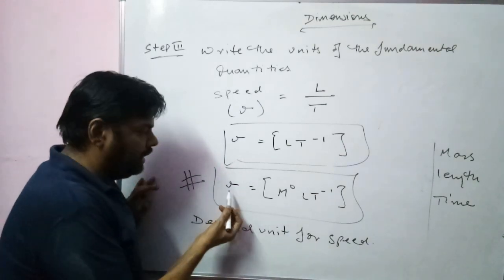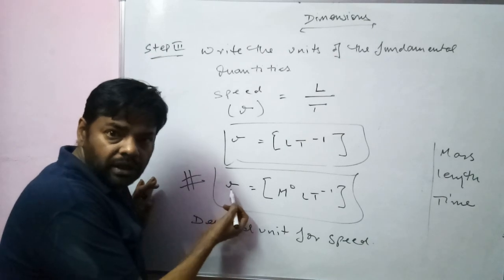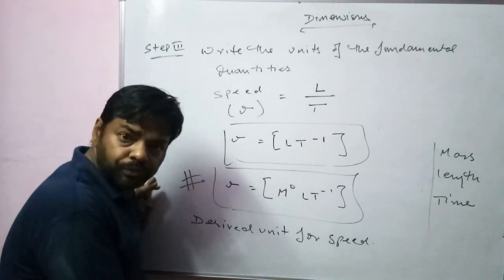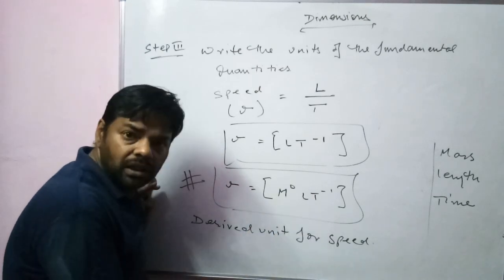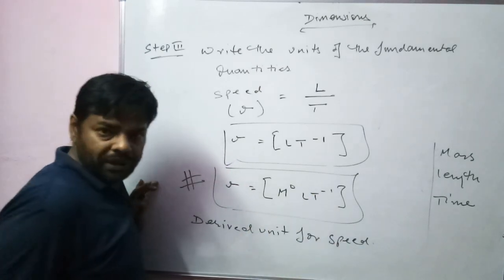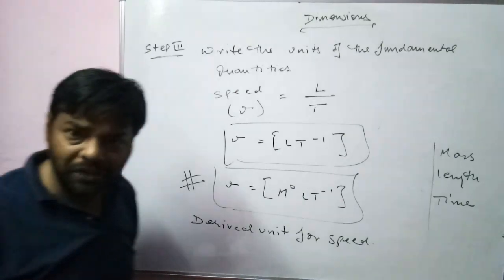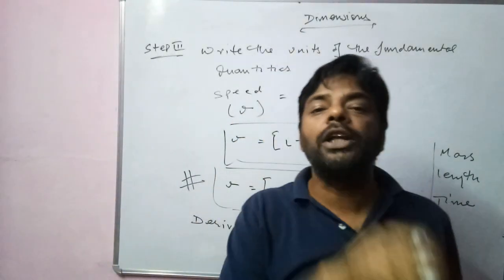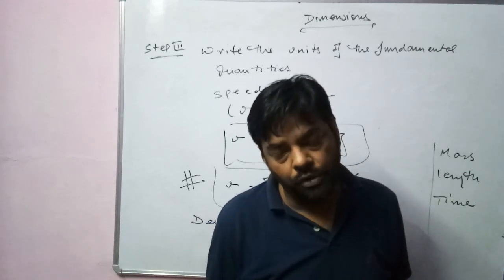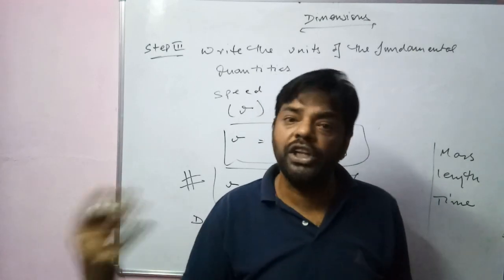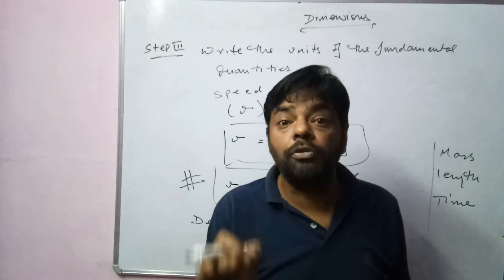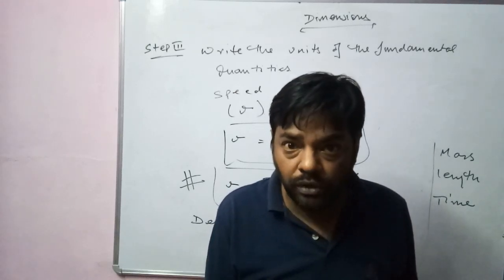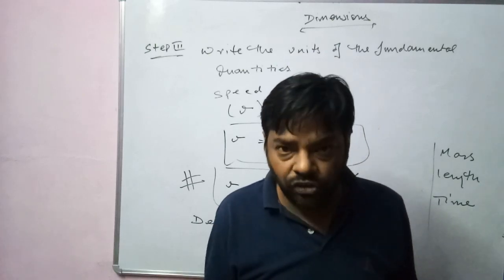We can say that the speed is written as M^0 L^1 T^-1. Since these powers of the fundamental units, with the help of which we have defined the derived unit, are given the name dimensions. Got it?